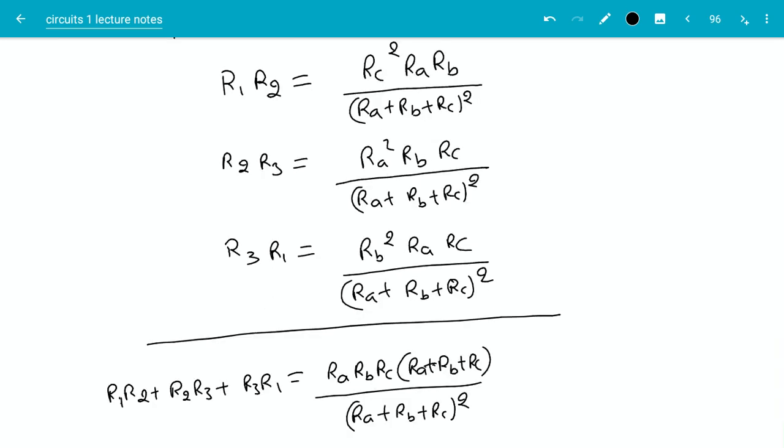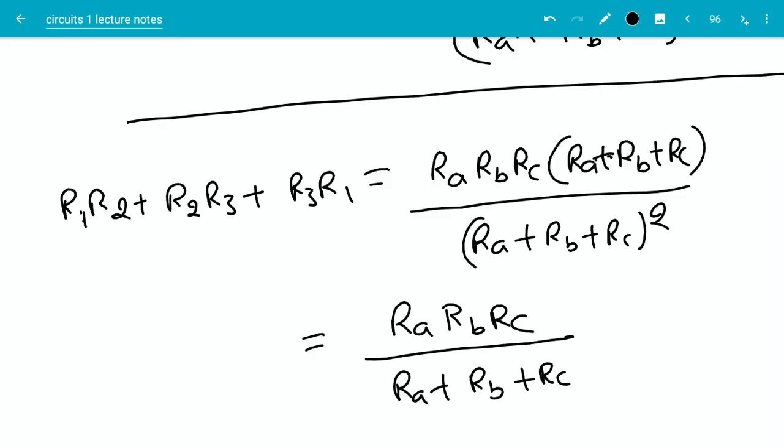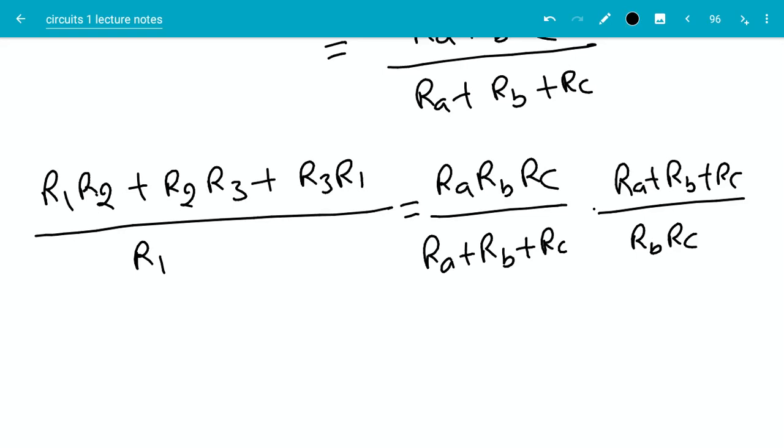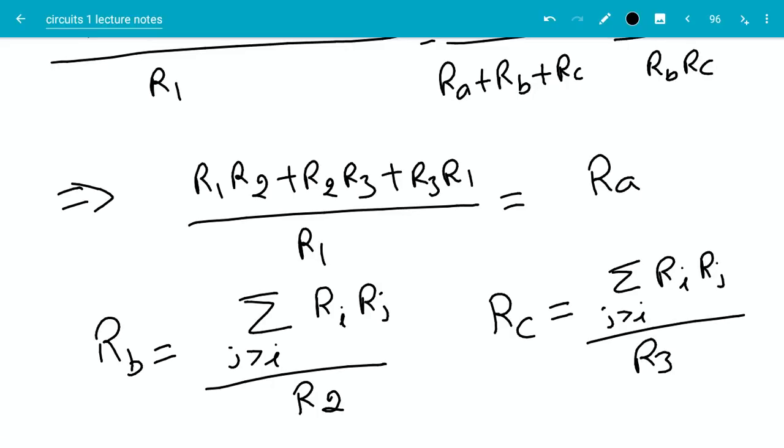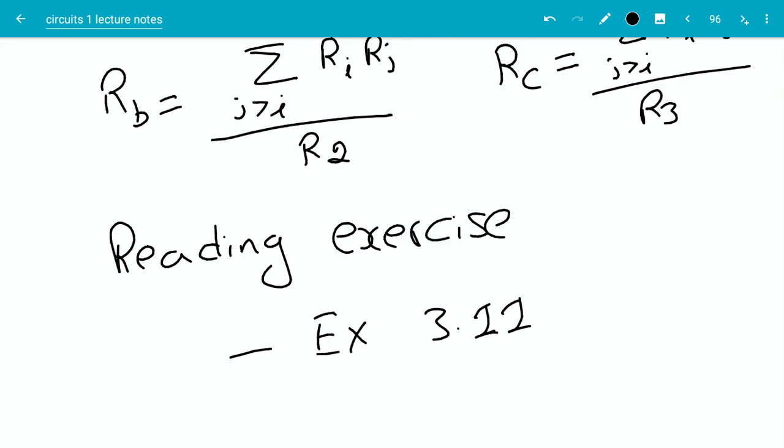If I add the three equations, I get the equation as shown, cancelling out Ra plus Rb plus Rc on the numerator and the denominator, dividing by R1 on both sides, we get the expression for Ra. Then using symmetry, we can get the formulas for Rb and Rc. Now together, these three equations represent a Y to delta conversion.